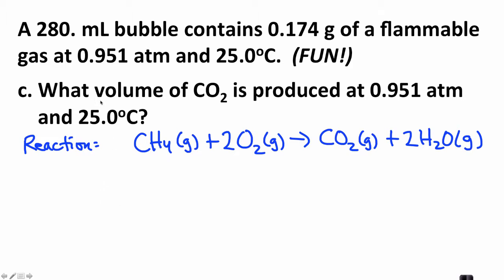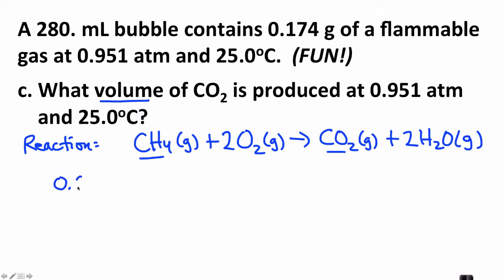And now, to get the volume of CO2 produced, what we note is 1 mole of CH4, methane, our flammable gas, produces 1 mole of CO2 because of the stoichiometry of this reaction.